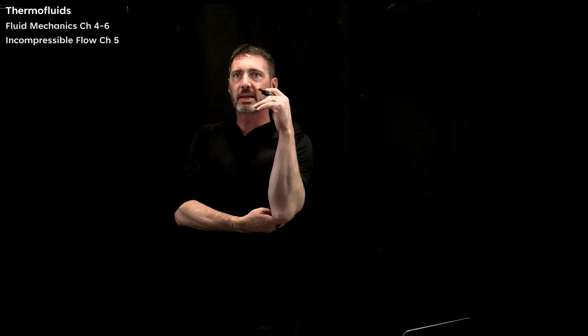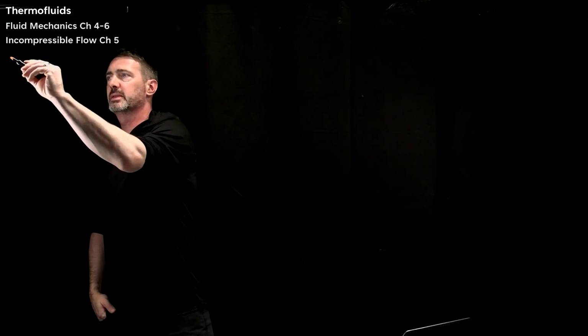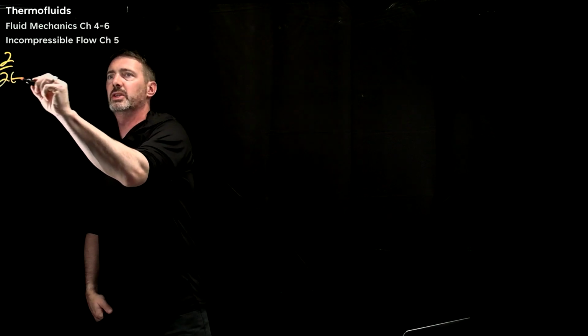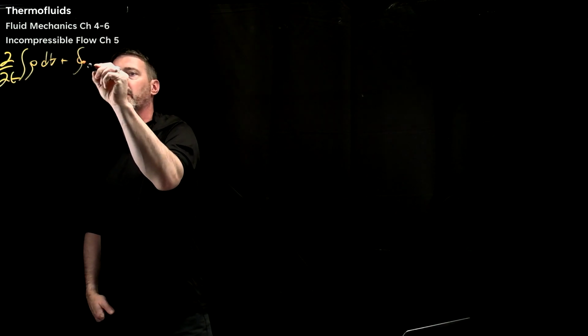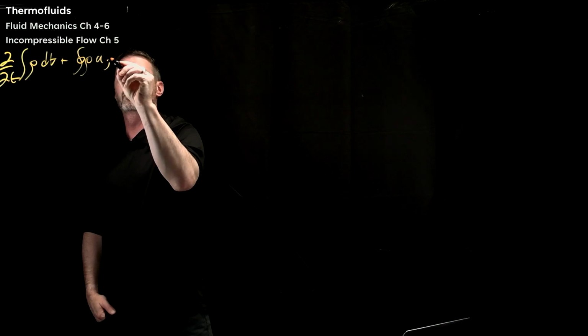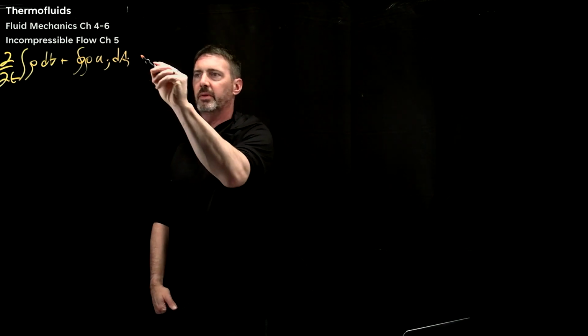So start off here and just say, we have our conservation of mass, momentum, energy. And if we just do conservation of mass, we've had the time rate of change, and we've done this now a couple of times, of density d volume, plus the surface integral of rho uj daj, and that's equal to 0.